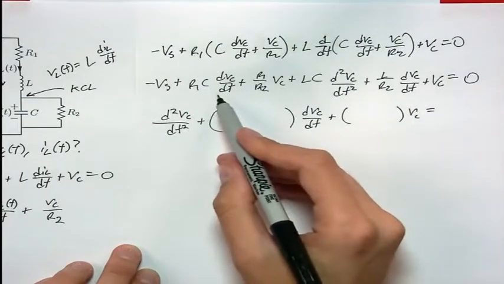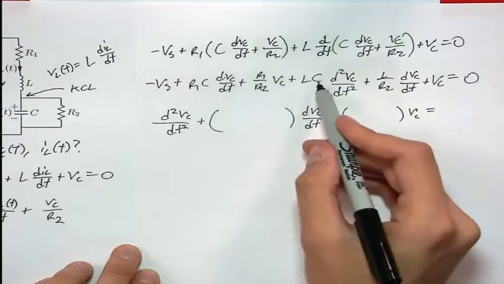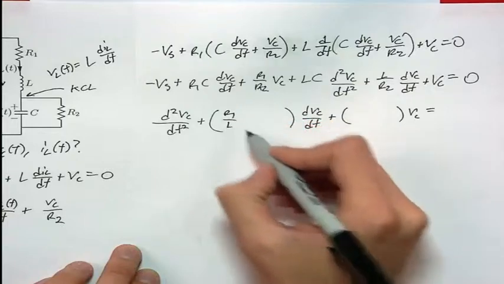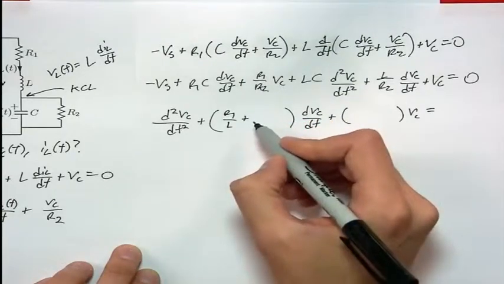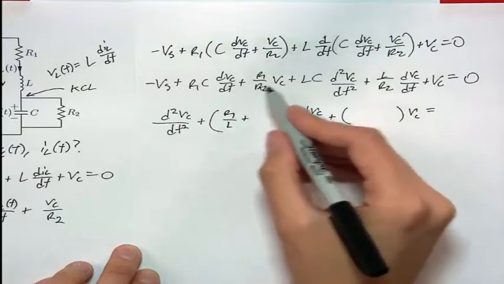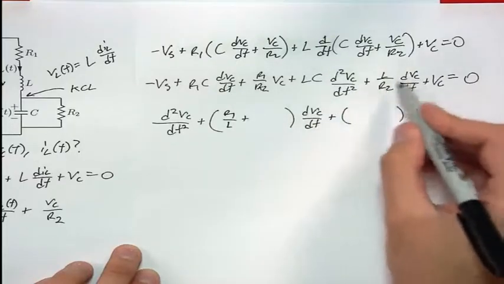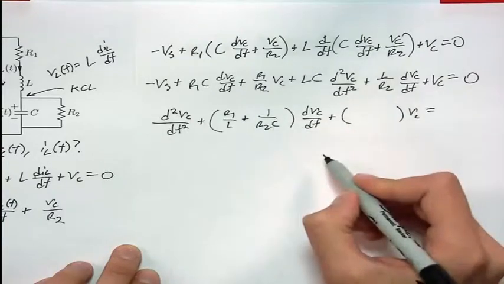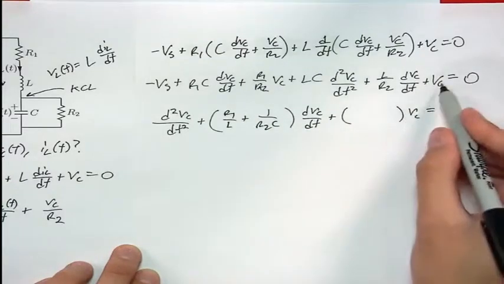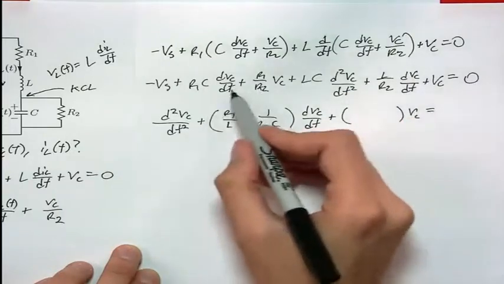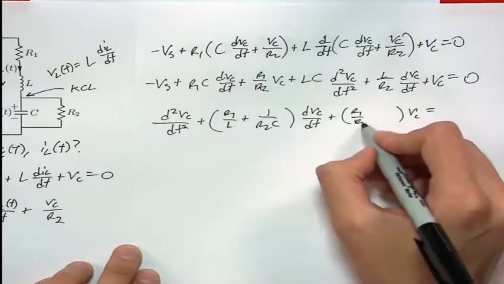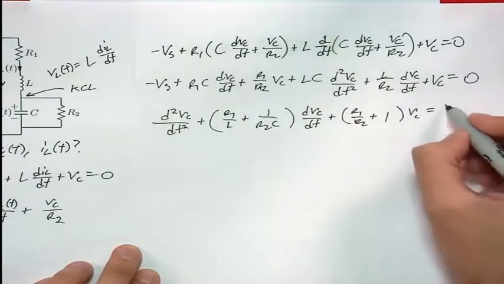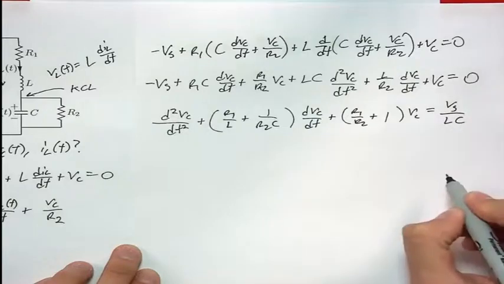We have R1 times C divided by the constant LC, so we have R1 over L, plus for the dVc/dt term, dividing by LC, 1 over R2C. And finally, for Vc, we have R1 over R2 plus 1, divided by LC. And our forcing function is Vs over LC.